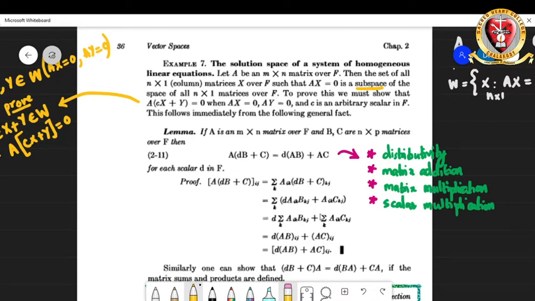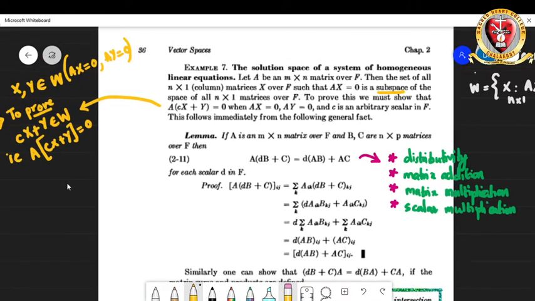So by this lemma, we can say that A into Cx plus y is equal to C into Ax plus Ay. But we know Ax is equal to 0, Ay is equal to 0.